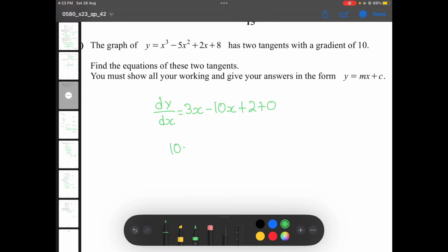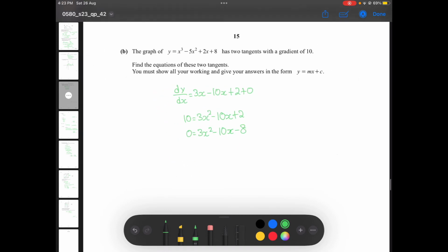So we know that 10 equals 3x squared minus 10x plus 2. Now if you bring the 10 to that side, it's going to be negative 8, so hence 0 equals 3x squared minus 10x minus 8.